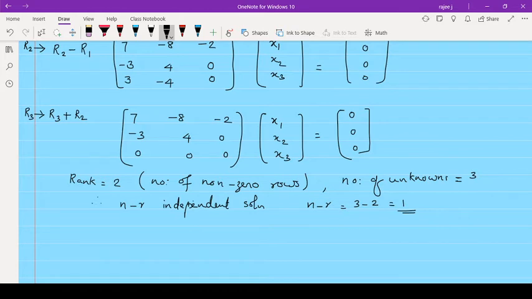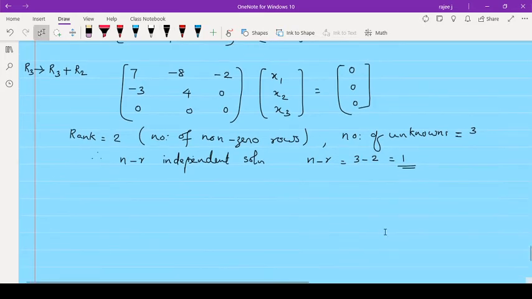So now I will write the equations. First one: 0 into x1, 0 into x2, 0 into x3, so both sides are 0. Second row: minus 3 into x1 plus 4 into x2 plus 0 into x3 is equal to 0.